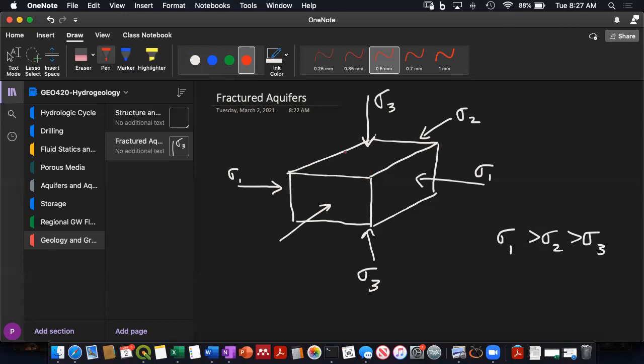Depending on the stress state and the orientation of sigma 1, sigma 2, and sigma 3, those fractures will be oriented in a certain direction. As an example, in this case, we might end up with a series of fractures that all trend in a similar direction.